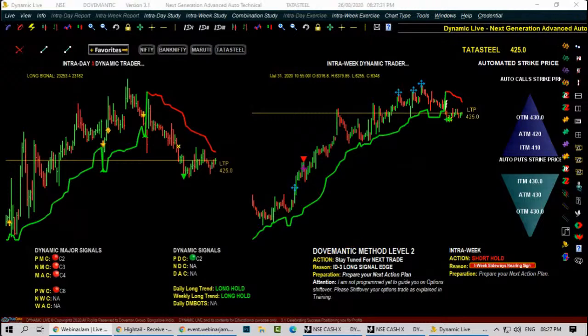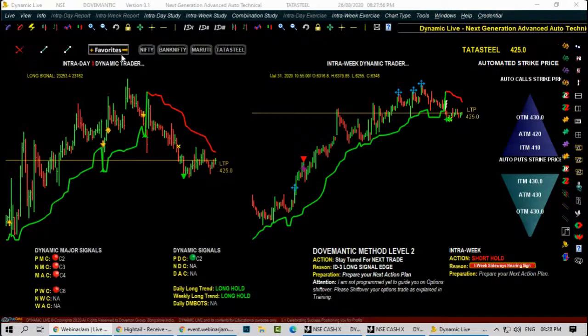There is no preparation as well. But if the price manages to go down, only when intra week zigzag breakdown happens, it will tell you to buy a put option. But until then, wait. And if it goes up and if it tells you to buy a call option, you know that intra week long signal is still in sell. So you must check the Tenkai signal to decide whether to do the trade or not to do the trade.